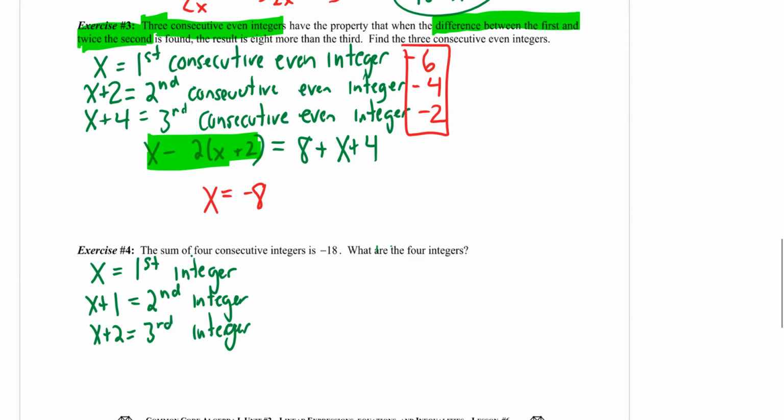And I've got to change it because they say 4, right? It'll be x plus 3.